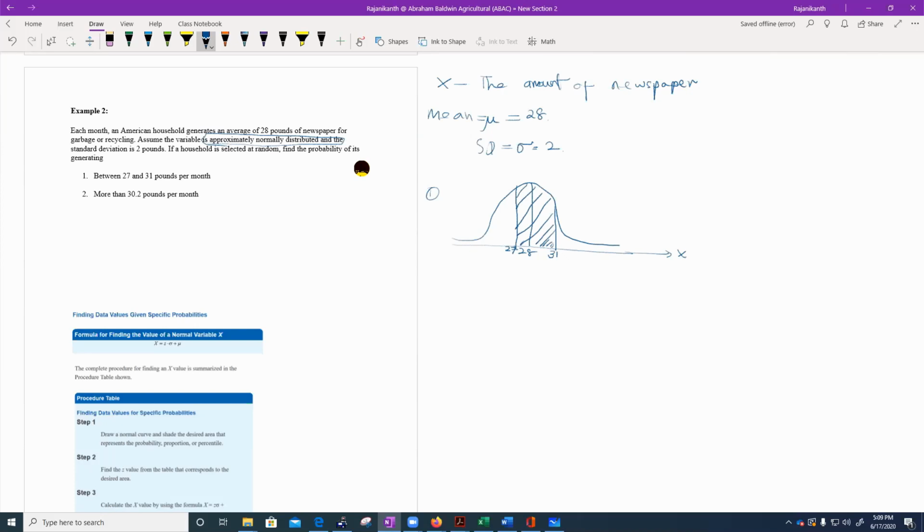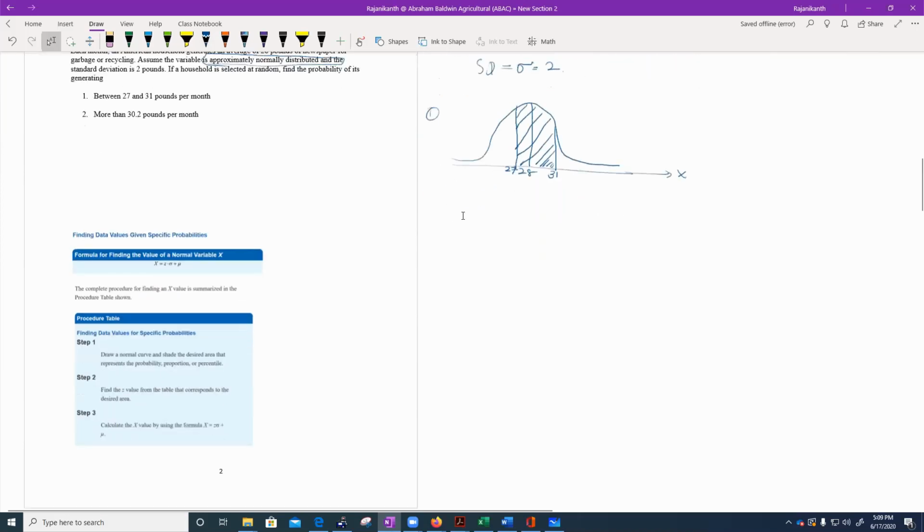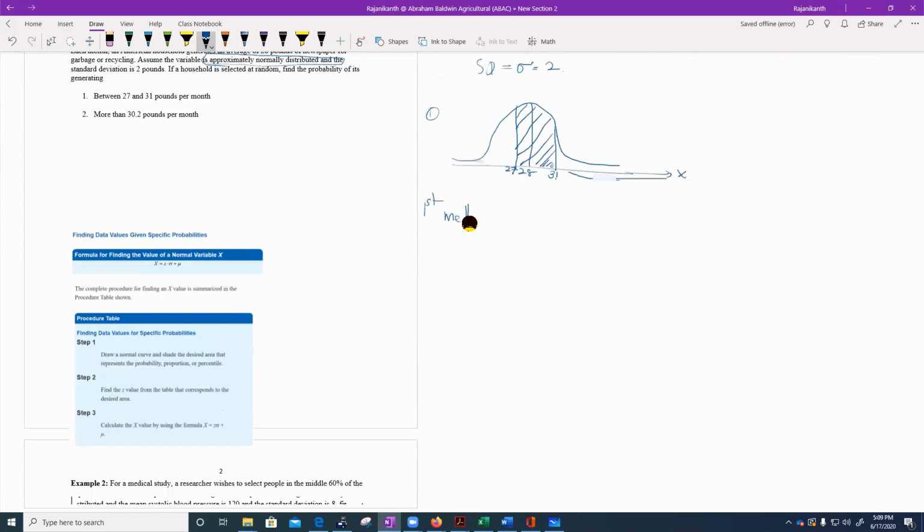Okay. So you could do this problem in both ways. Let me do this problem in both ways. The first method, I'm going to change the x variable into the z variable, using the formula x minus mu over little sigma. Look at your area. You have two values, right? 27 and 31.